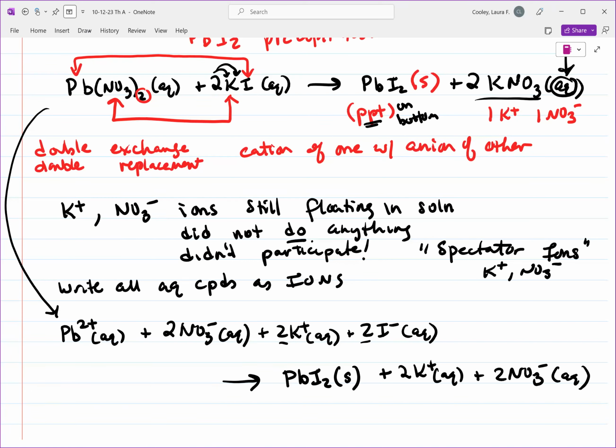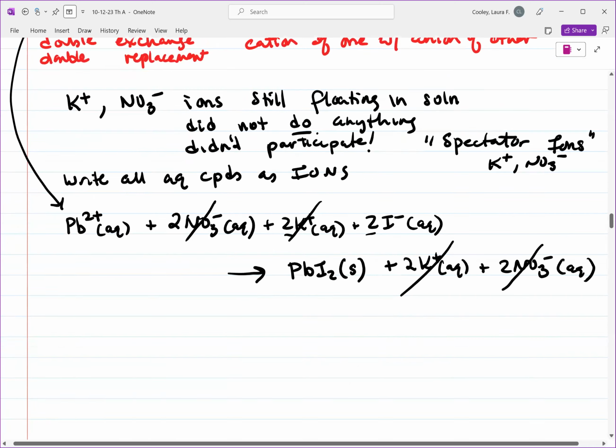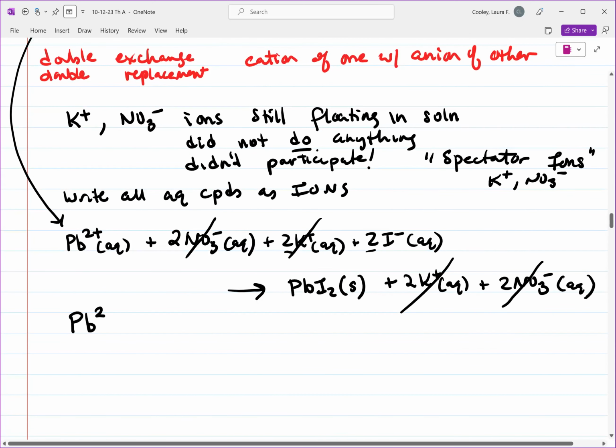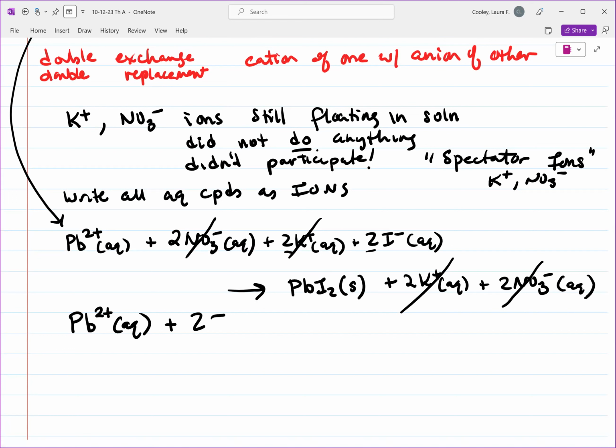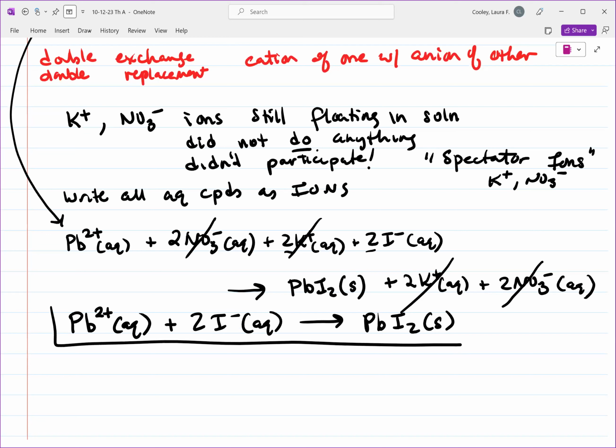I can get rid of these spectator ions by canceling them out. So let's see, I have 2 nitrates and 2 nitrates, and 2 potassiums and 2 potassiums. And now you can see essentially what is really going on in this reaction. And that is that the aqueous lead ions find the aqueous iodide ions and form the lead iodide precipitate. This is called the net ionic equation.